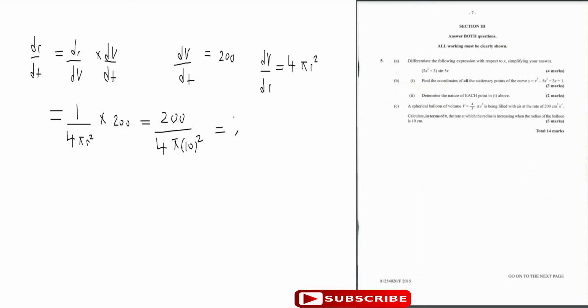This works out to be 1 over 2 pi. Radius is in centimeters, so it's 1 over 2 pi centimeters per second. Nice and easy. That's the solution.